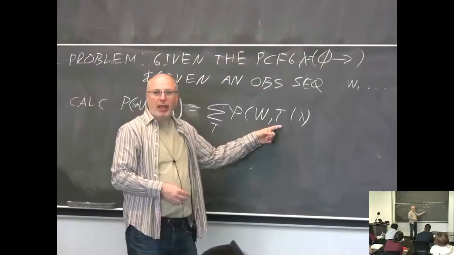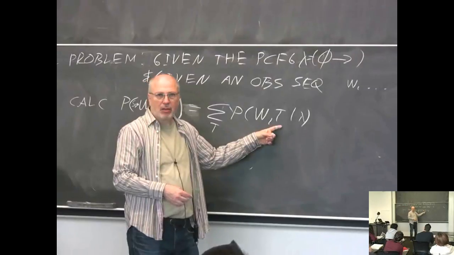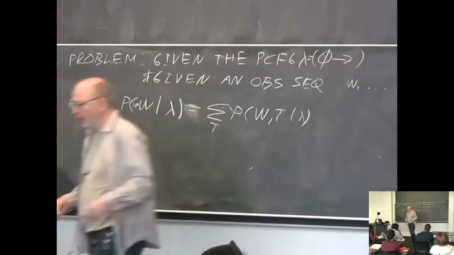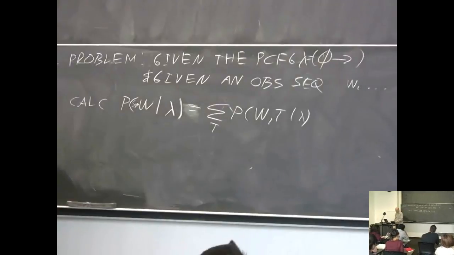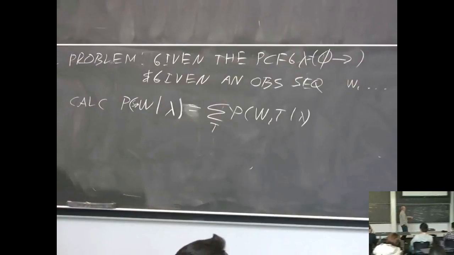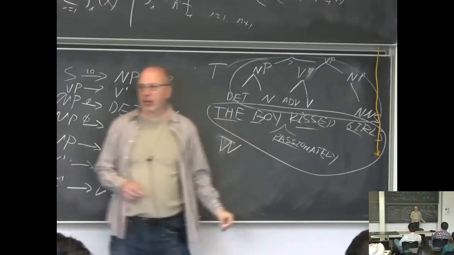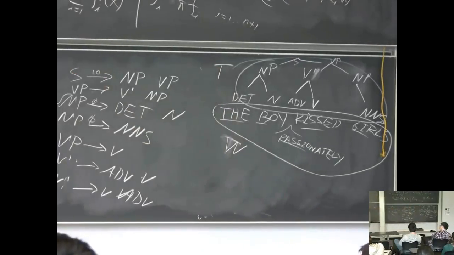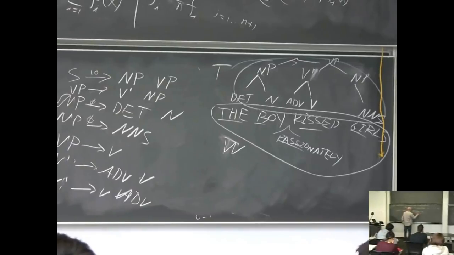Calculating this for any particular tree is easy. You just go to the tree, and as I mentioned, you follow all these transitions and you multiply together all the probabilities of the transitions. So this is easy.